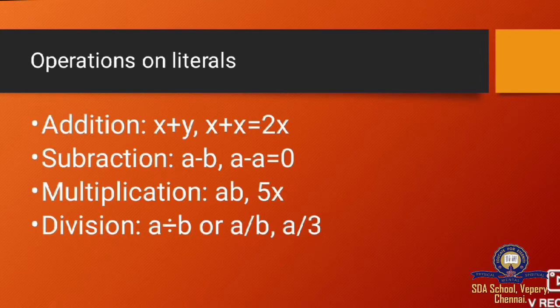We write it in the form of x plus y, or x plus x is equal to 2x. In subtraction we write it in the form of a minus b, or a minus a is equal to 0. In multiplication we write ab, 5x. In division we write a divided by b, or a by b, or a by 3. So it may be in any form. These are some examples.